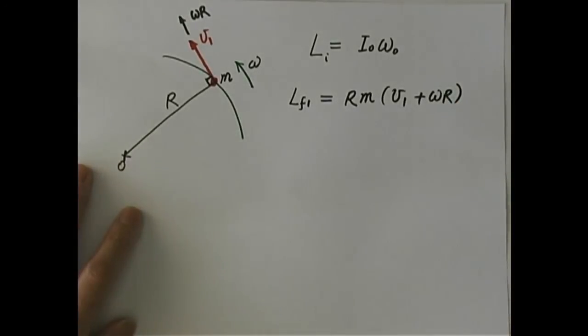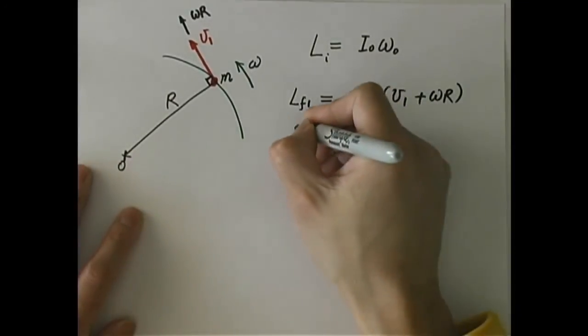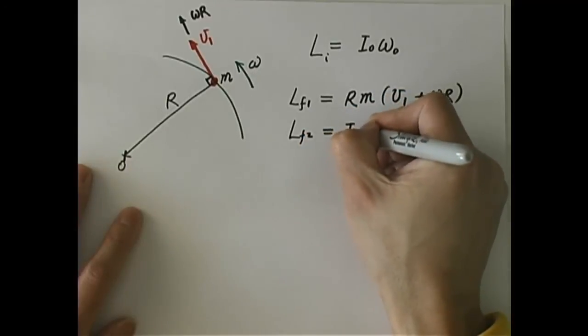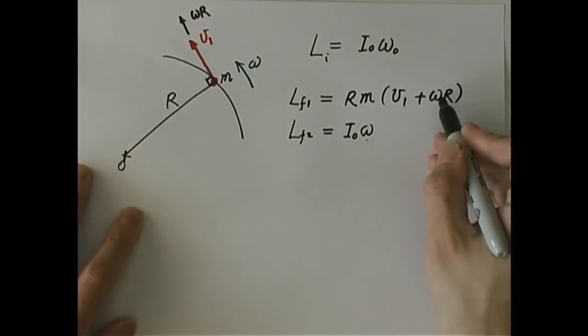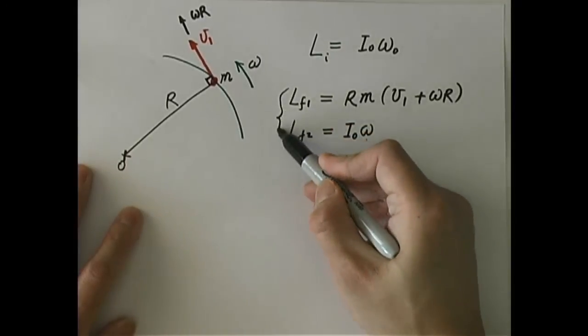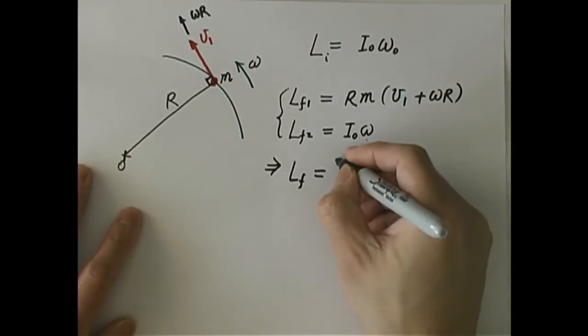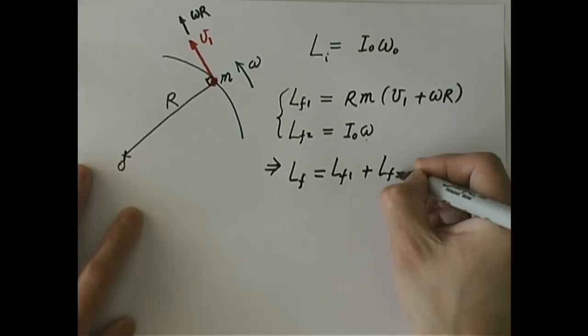That is the angular momentum of the child relative to a stationary observer measured from this point. What is the angular momentum of the rest of the platform? That is equal to I0 times final omega, the same omega as this. Okay, same omega as this. And I0 is still I0, right? Because it did not deform. So you add them together, what do you get? You get L final equals L final for the child plus L final for the platform.